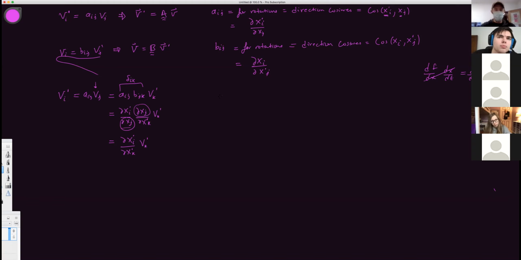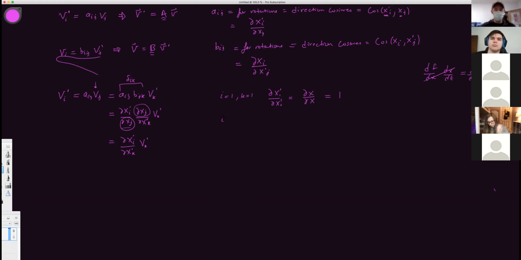So let's just write out for i equal 1 and k equal 1. We'd have partial x prime 1, partial x prime 1, which translates to partial x prime, partial x prime, which I hope you agree is 1.